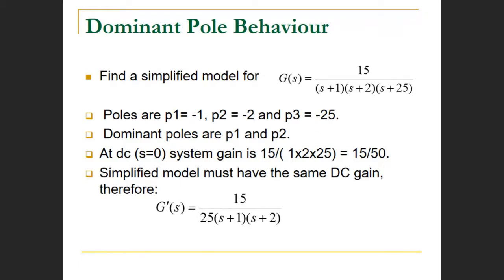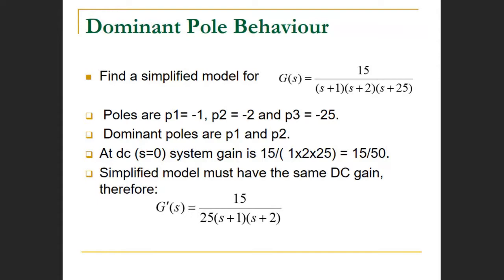And by the way, there's no structured way of labeling these poles. You could just simply list them out. You could say P1 equal -25, P2 equal -1, and P3 -2, just for the record. So here are the poles of the system.